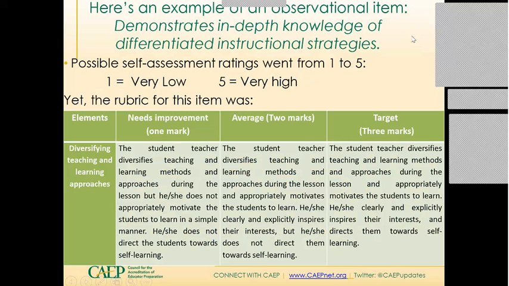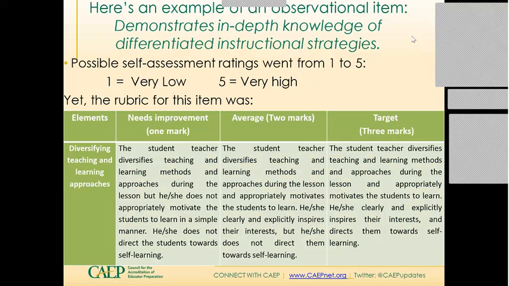So here's an example. Let's start with this one little example of an observational item. It was whether or not the candidate demonstrates an in-depth knowledge of differentiated instructional strategies. Now, this appears in two ways.